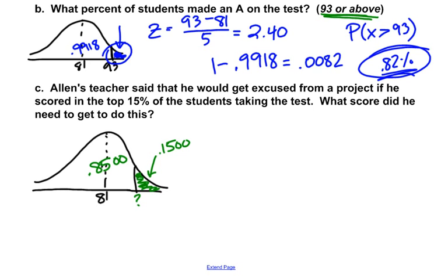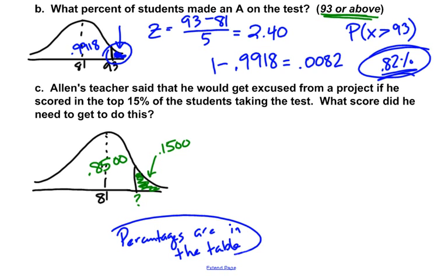Hopefully that makes sense to you. We go to the table because that's where all the percentages are. You always remember that: when in question, percentages are in the table.